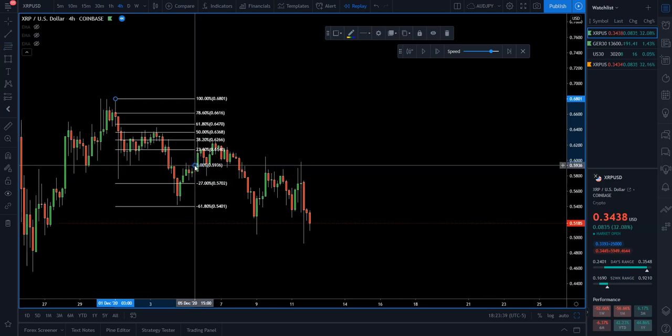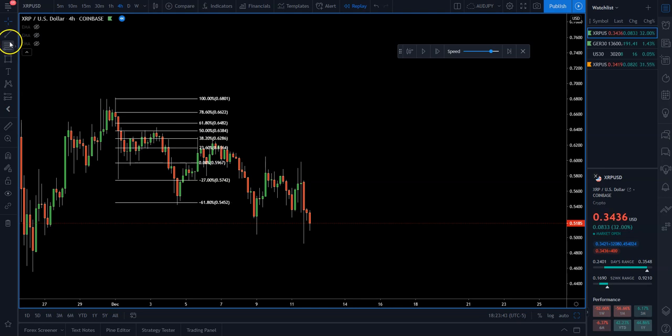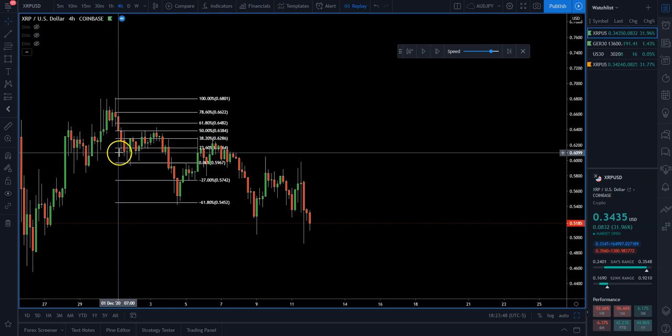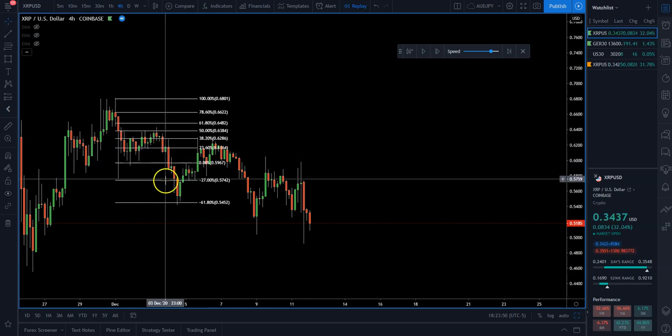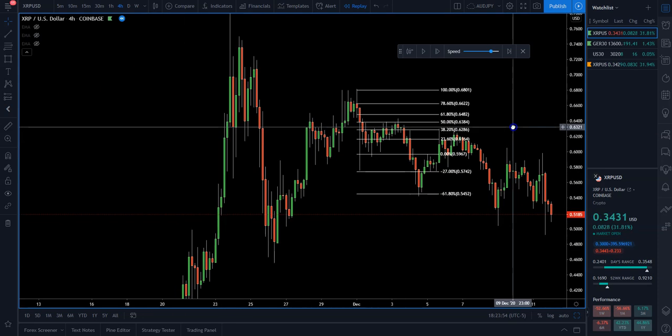Like this Fibonacci, I would know that's going down, right? But within it, I'm scalping. I'm putting in multiple trades.